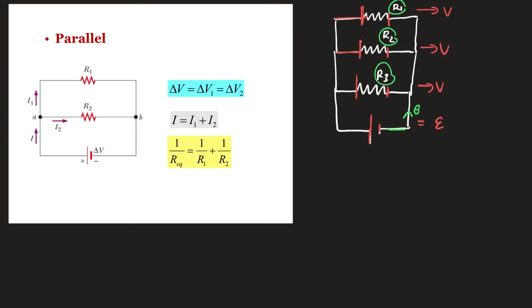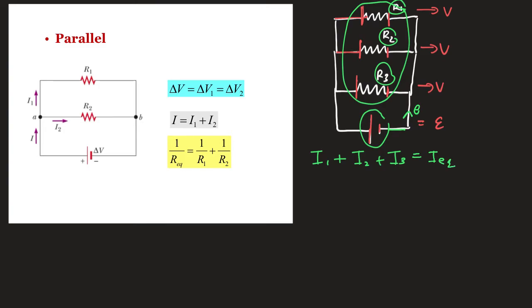However, based on the concept of conservation of charge, the total charge moving through R1 plus R2 plus R3 will be the combination of the electron flow provided by the battery. Because charge is conserved, the current flowing in will be equal to the current flowing out. So we can state that I1 plus I2 plus I3 will be equal to the I equivalent, or total current.